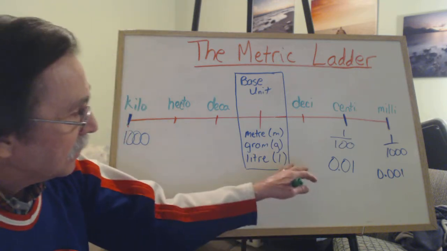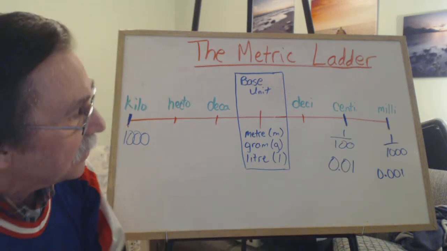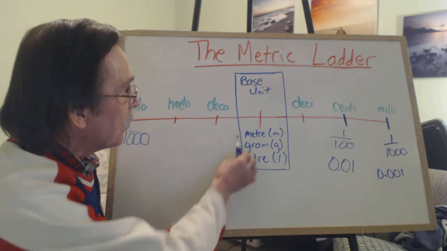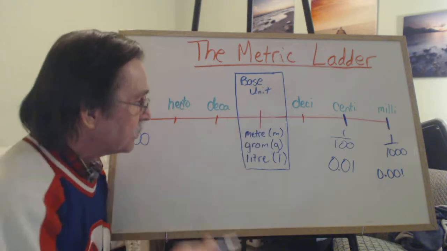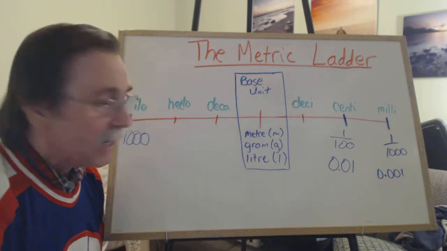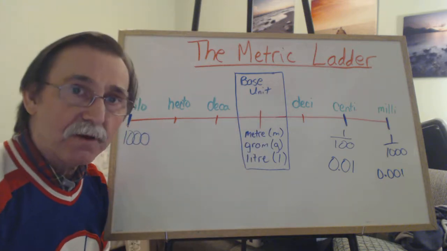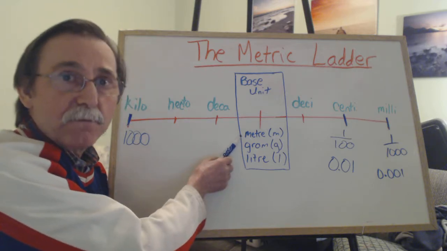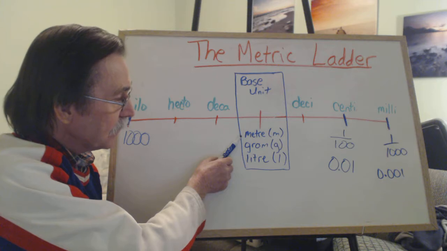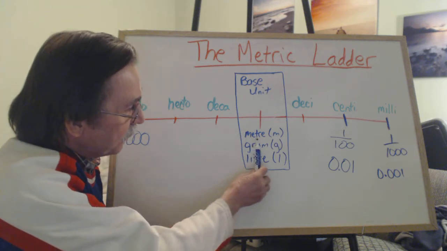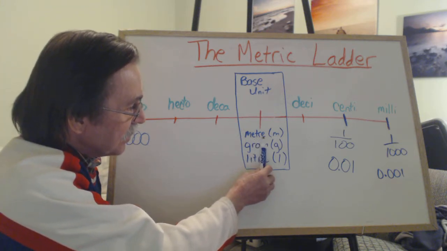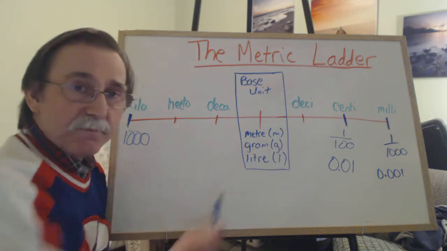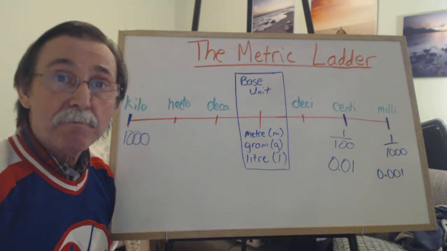So everything in the metric system is based on these base units. So the main unit of length that we talk about, or distance, is the meter. That's the main one. And the meter is spelt the French way, M-E-T-R-E, and that's the symbol for meter, little m.